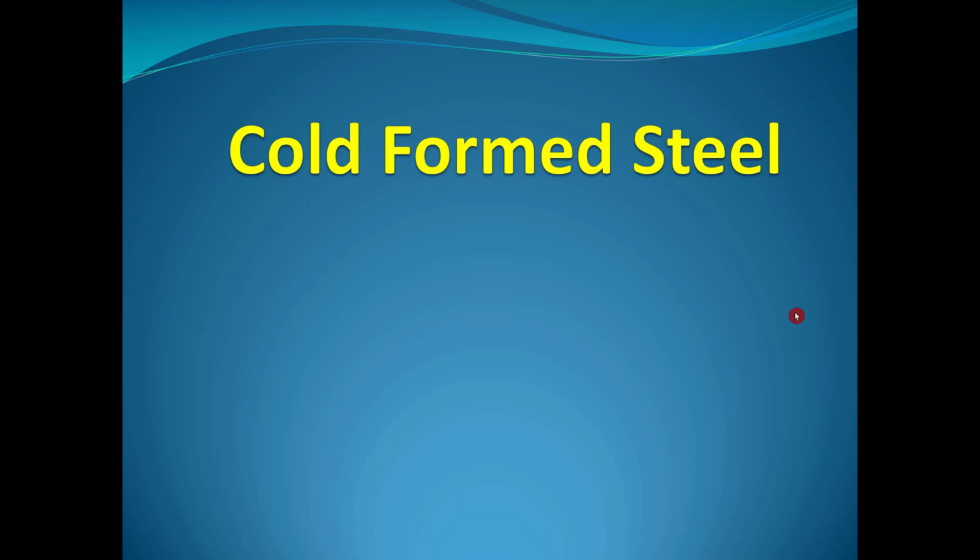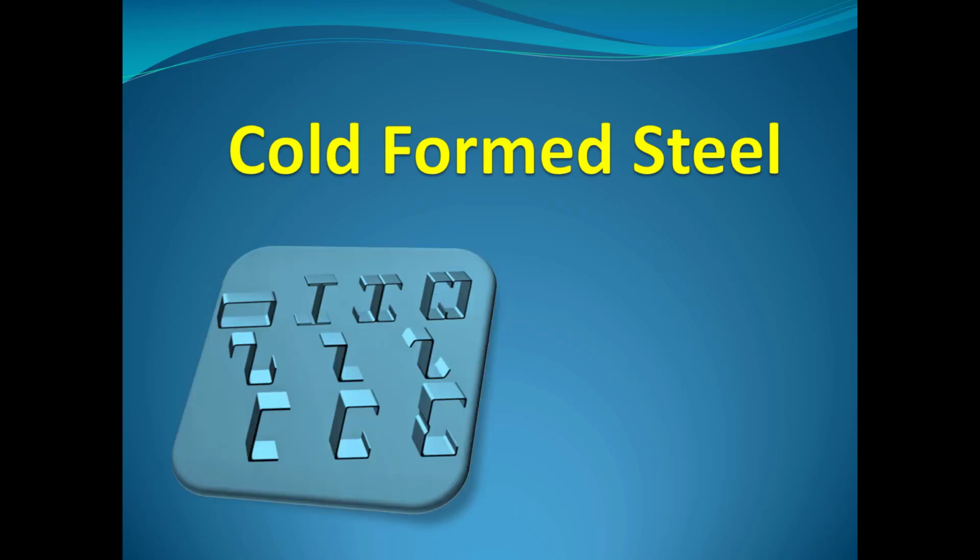Members of any cross section, like channel sections and angle sections, are made by bending the steel sheets at room temperature. It's very important. These are the various cold formed steel sections, as shown in the figure.